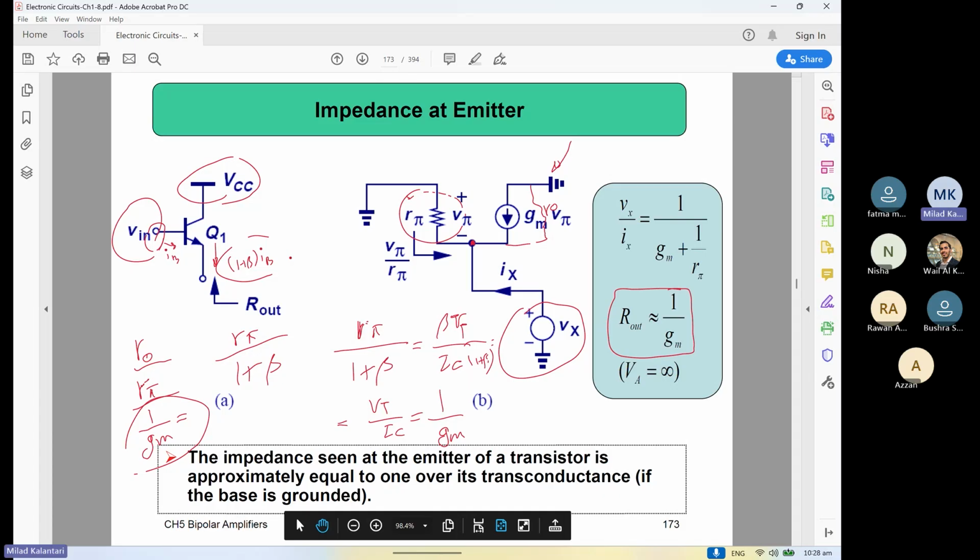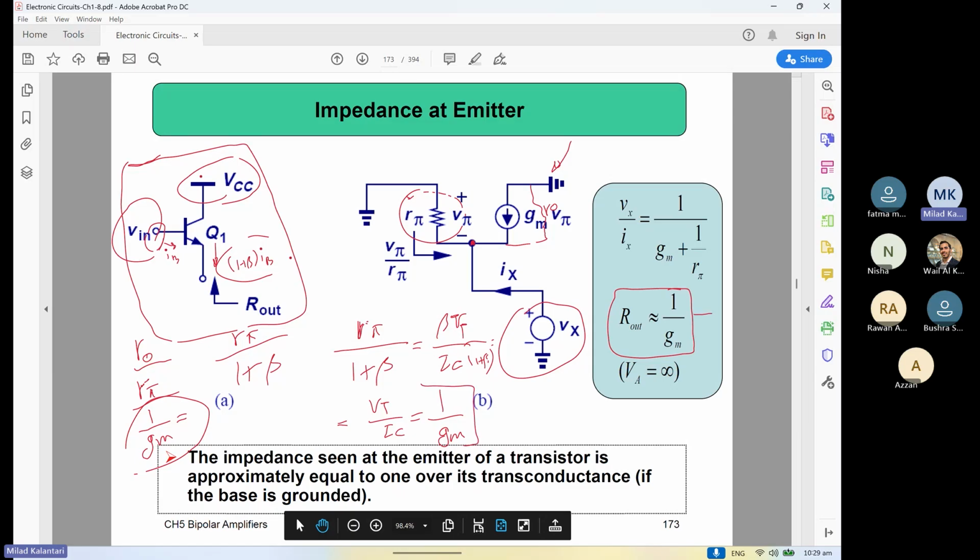So this tells what? If we have this kind of configuration for the amplifier in terms of the impedance, how is the output impedance? This is called common collector, right? Because the collector is common between the input and the output, it is AC ground. So for this common collector, the output impedance is 1 over GM, right?